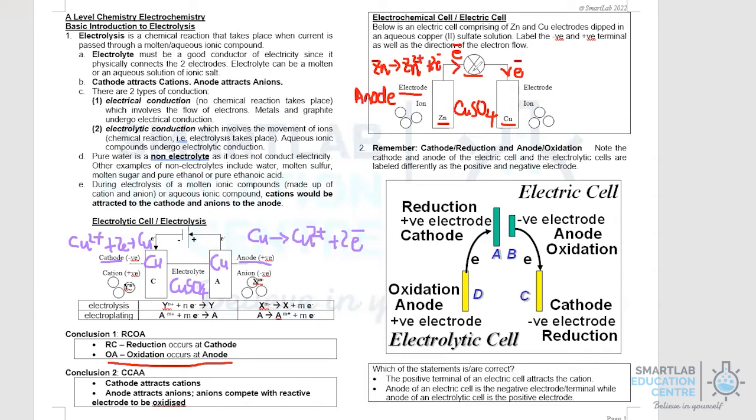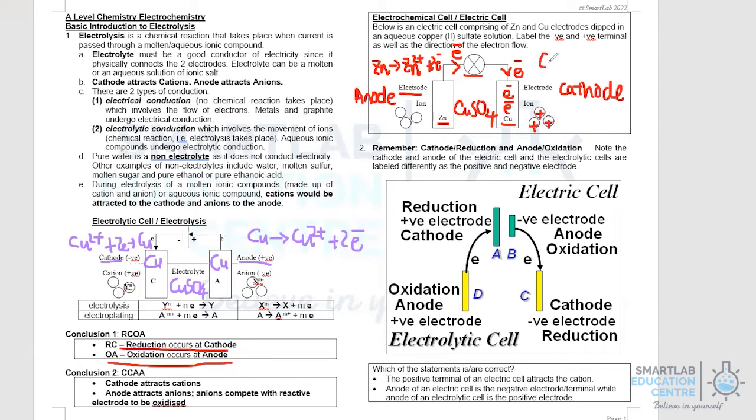At the other electrode, since electrons are being gained by the copper electrode, reduction would have taken place. Using again RCOA, we will know that reduction occurs at the cathode. So this will be the cathode. And if the electrons congregate at the copper electrode, it will attract the cation.